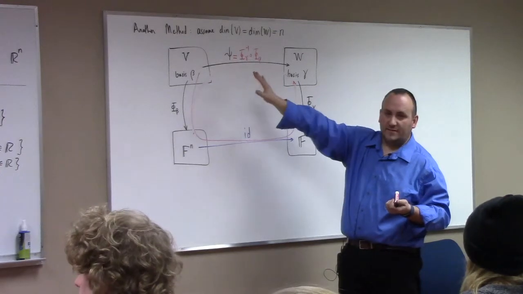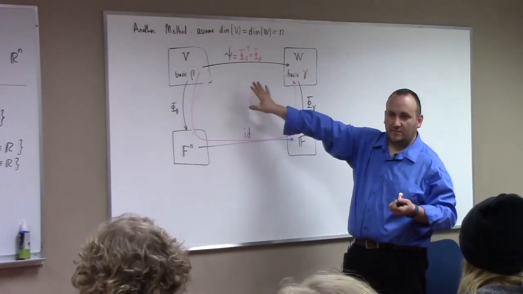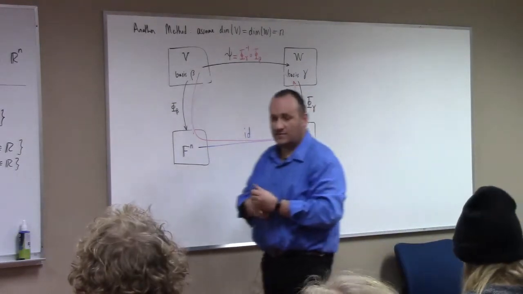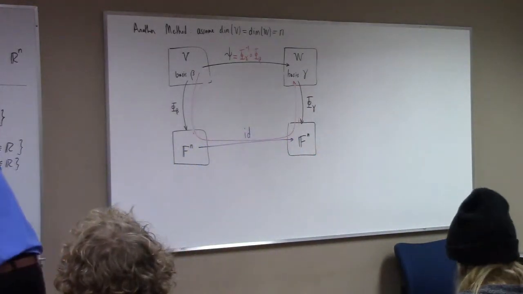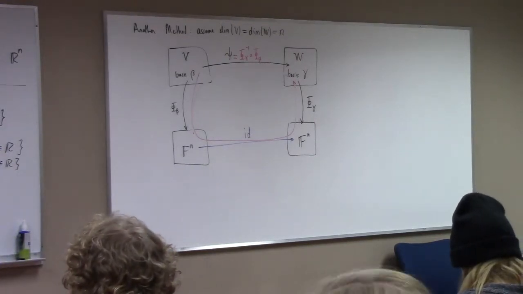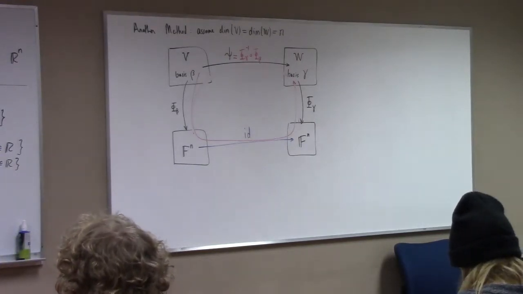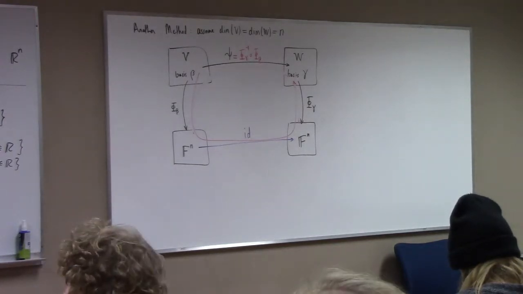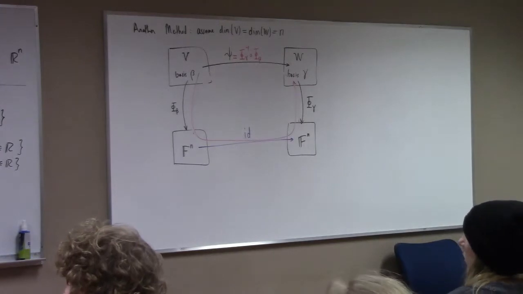But this kind of diagram is really important to organize your thinking, especially for the next topic on our agenda, which is to generalize the concept of a matrix of a linear transformation to the abstract context.